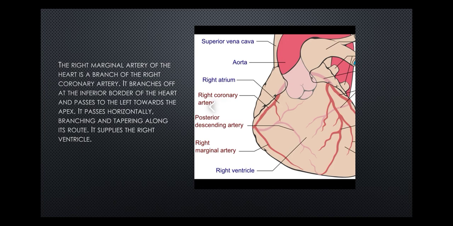Now, the right marginal artery, this one, is a branch of the right coronary, branching off at the inferior border of the heart and passing to the left towards the apex. It passes horizontally, branching and tapering along its route, and supplies the right ventricle.